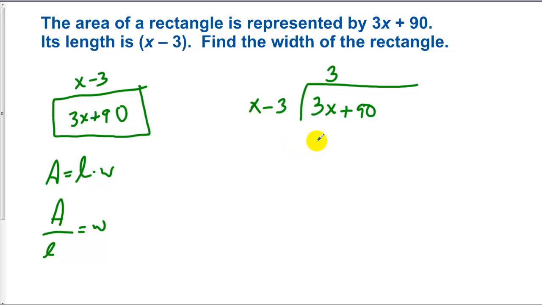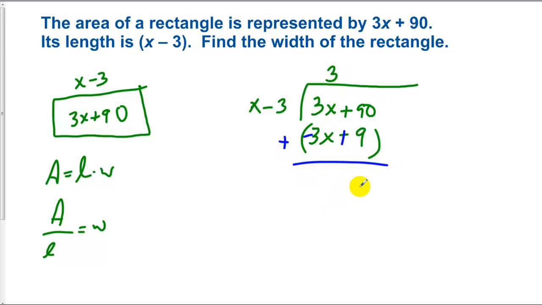And what I'll have next is I'll multiply, get 3x minus 9, and I'm going to subtract that, which means I distribute the negative through, and then add.